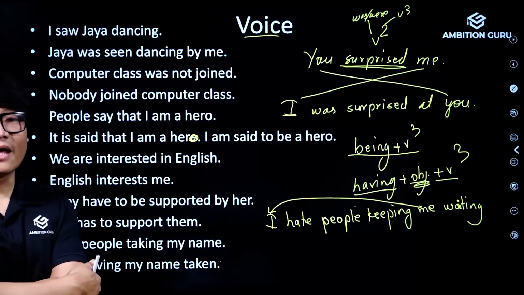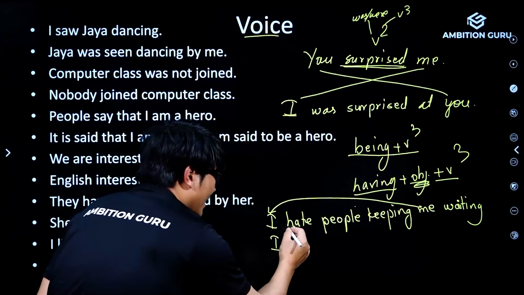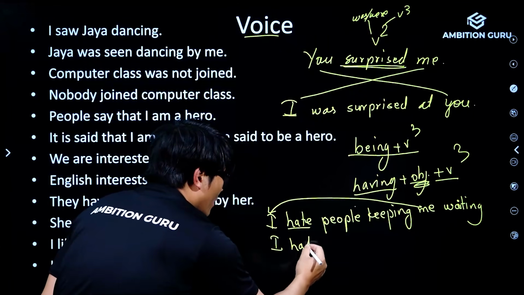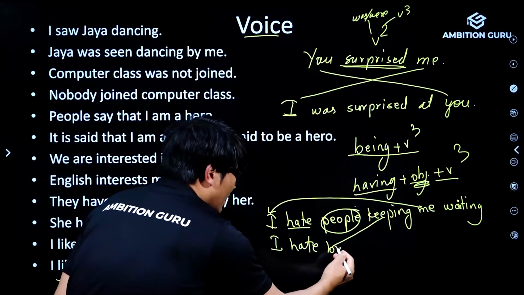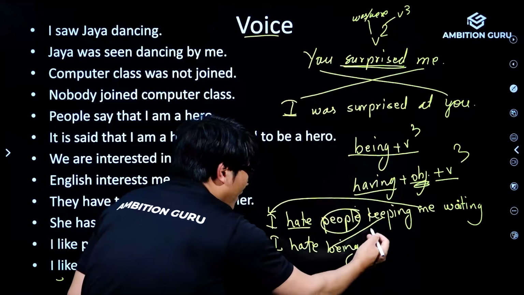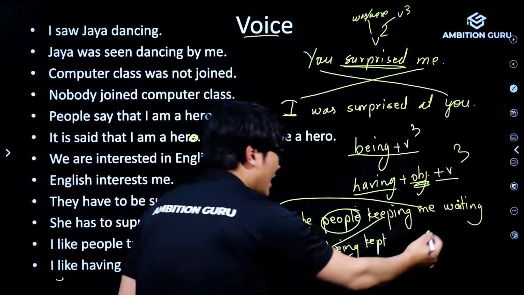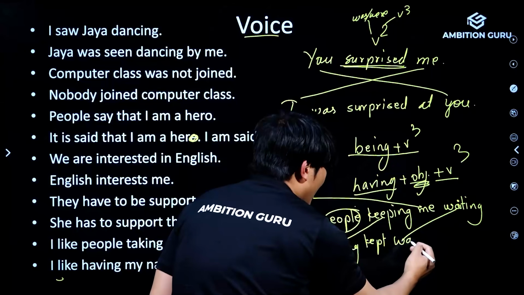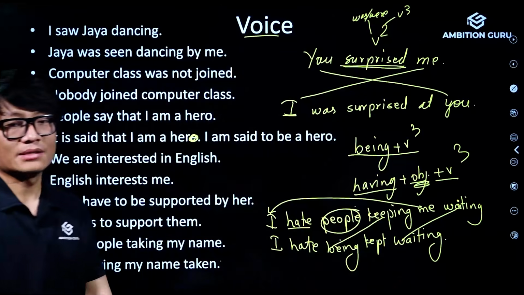I hate being kept. That's beautiful. So I hate remains here. We are going to remove this people, and keeping should be changed into being, and the verb 3 is kept. I hate being kept, and waiting remains waiting. I hate being kept waiting. So this is the passive voice.